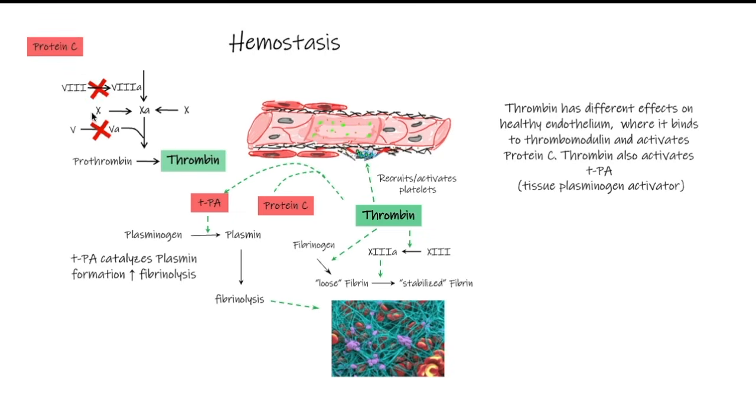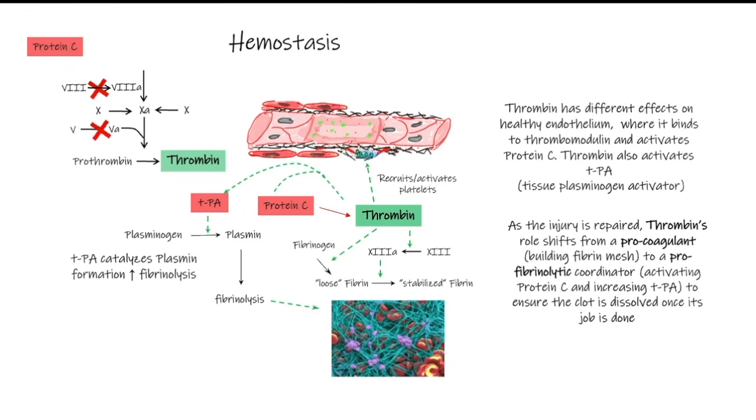Protein C acts at several different steps and essentially reduces the formation of thrombin. So by these actions, we are limiting the thrombus formation to the site of injury, as well as beginning the breakdown of the clot, with the hope that by the time it breaks down, the injured endothelium will have been repaired.